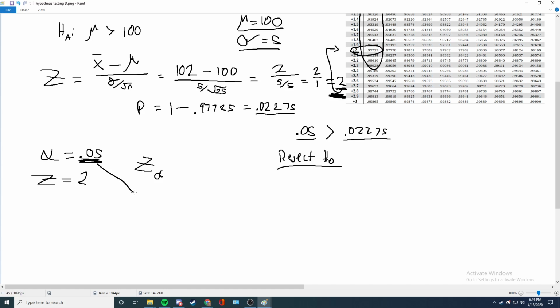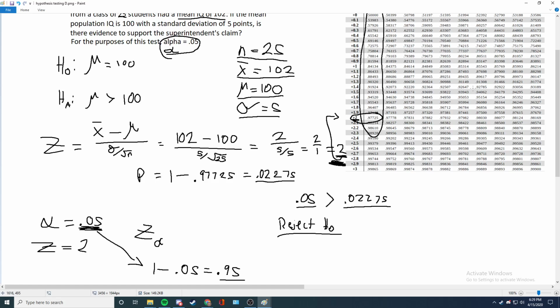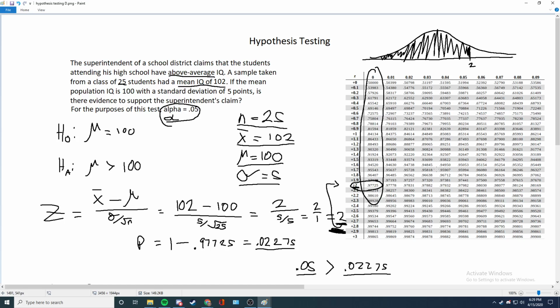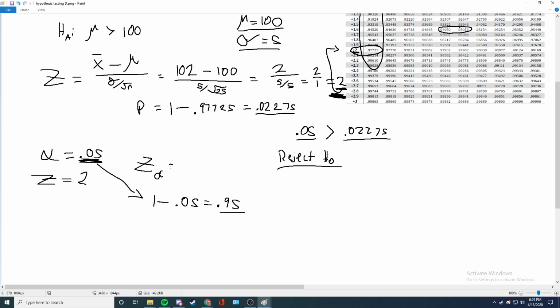We take that 0.05 and subtract it from 1, which gives us 0.95, and this is the amount of area that's behind our z alpha. So let's look on the table for 0.95, which ends up being right between 1.64 and 1.65. So usually, in this case, we'll call z alpha 1.645.